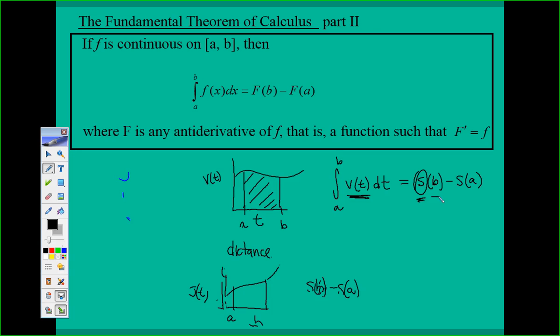So that should help explain the fundamental theorem of calculus here, because we're taking the antiderivative of some function, which gives us this, just like we did down here. We're taking the antiderivative of velocity, which is the position function. That's the antiderivative. And then we're evaluating the antiderivative at s of b minus s of a.